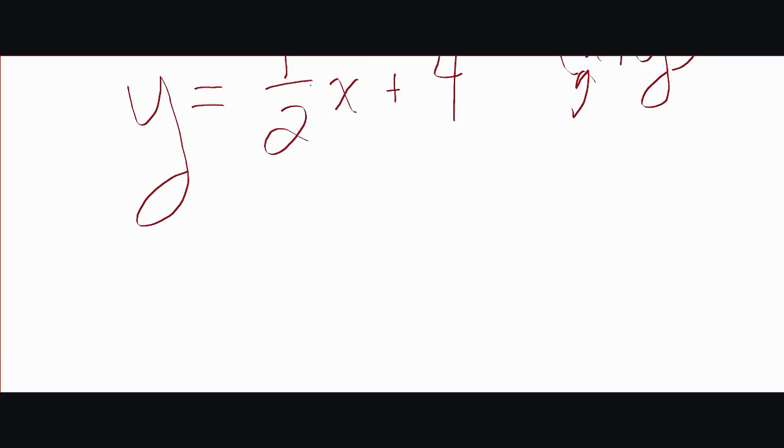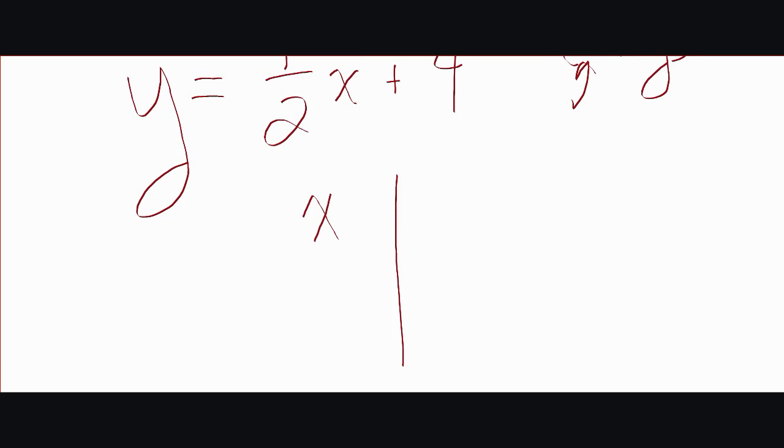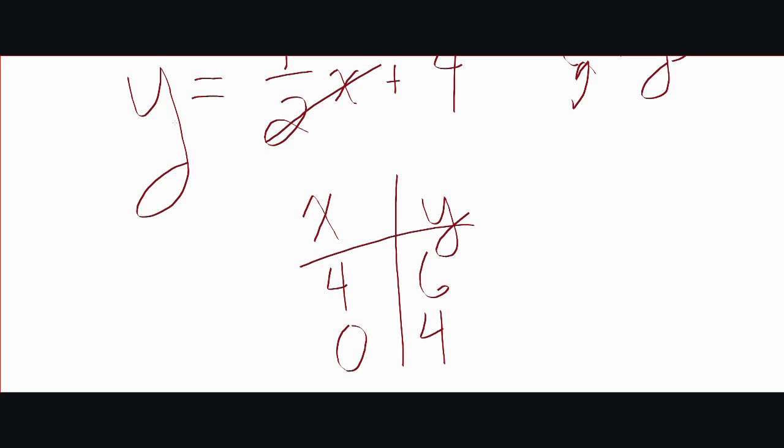It's easier to see this if we build a table, x and y. If we say 4, we get an output of 6. If I put in an input of 0, and I replace x with 0, 1/2 goes away. 0 plus 4 is 4, so y is 4. So I could build a table of all of these values, where if I put in an input, I get an output. This, at its core, is a function.